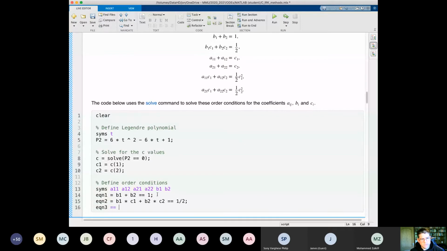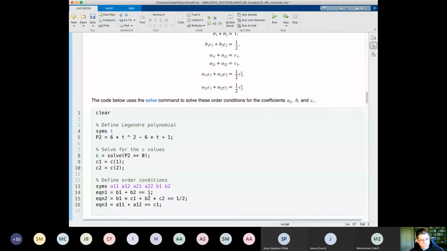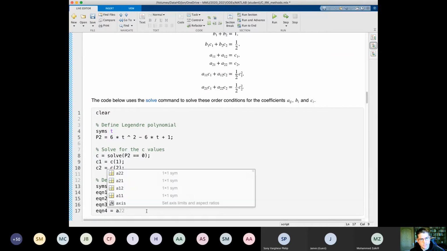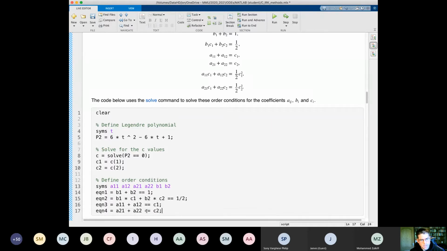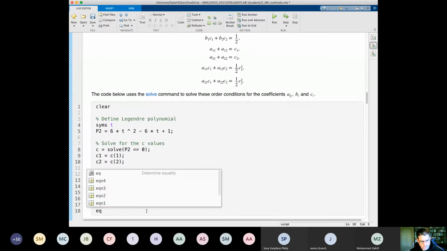We've got the third equation, a11 plus a12 equals c1, which I've already calculated, so I could have written half minus root 3 over 6, but it's easier just to keep them as variables. And the second row sum condition, and equation 5.